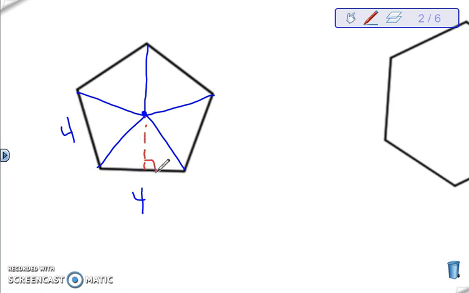So if I want to get those central angles, again, I'm going to take 360 degrees, this time divide it by 5. Gives me 72 degrees. So that means each of these guys is 72 degrees, which means that my little green triangle only has 36 degrees.